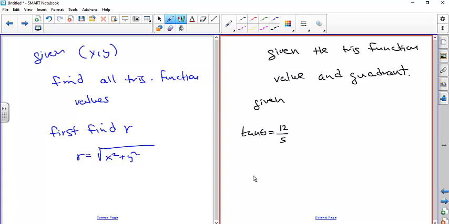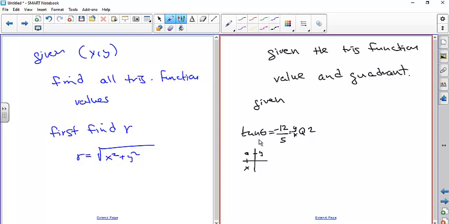I have to give you two things, the trig function value and the quadrant. So if I give you the tangent and I say it's in quadrant 2, what does that tell me? Well, the tangent is y over x, and the quadrant it's in is the second quadrant, so x is negative and y is positive. And actually that would have to be negative 12/5 if that's true.